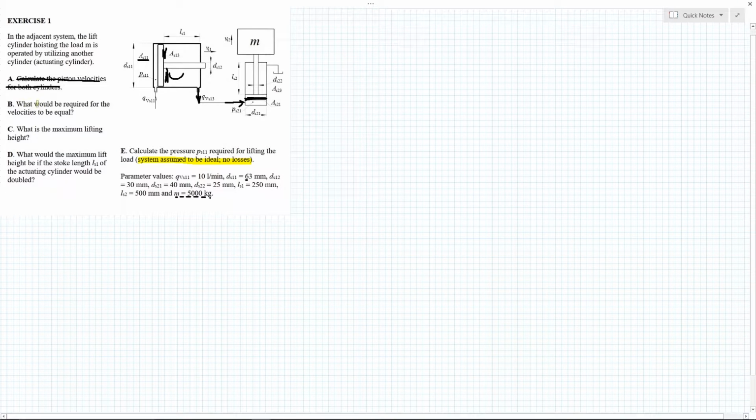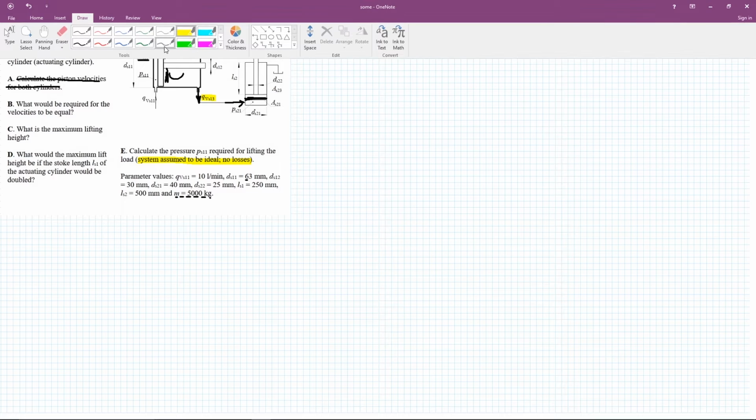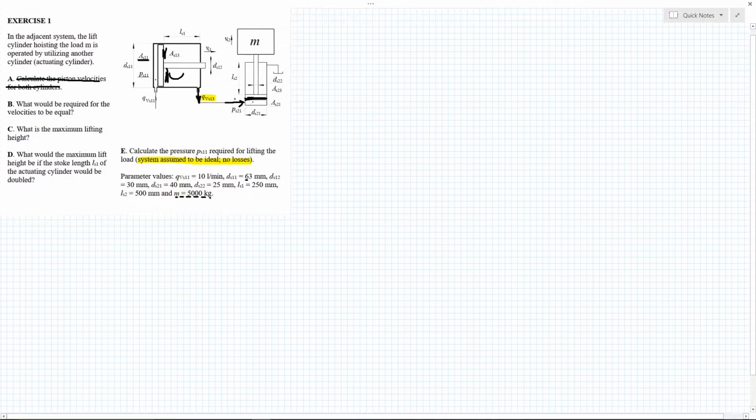B says, what would be required for the velocities to be equal? Now, we know that we are sending QVS13 to the second cylinder. That's the flow we have. So the flow exiting this cylinder and the flow entering this cylinder is equal. And we want to know what would be required for the velocities to be equal.